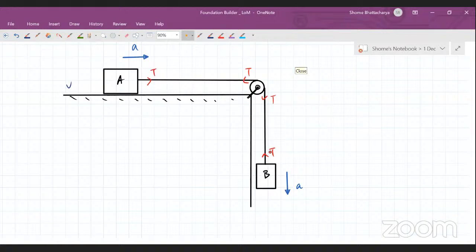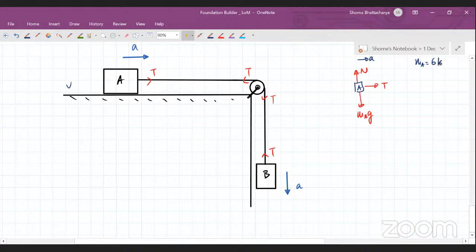Yes, Rishi, your answer is correct. Now for block A, you can see the free body diagram. The forces are tension, normal reaction, and weight. And the block is having a horizontal acceleration like this.